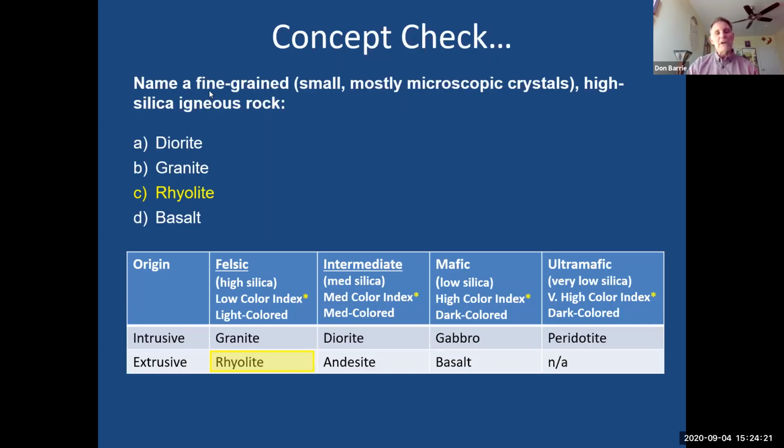Well, because we know the rock is fine-grained, namely it contains mostly microscopic crystals, right away that tells us that the rock has to be extrusive. So automatically we've narrowed down the field to just these three choices. And then because the rock is enriched in silica, that tells us that it's felsic in composition. So felsic, extrusive, has to be rhyolite.